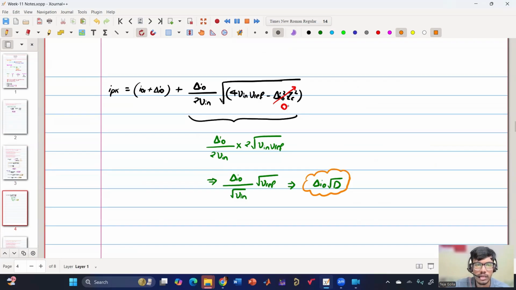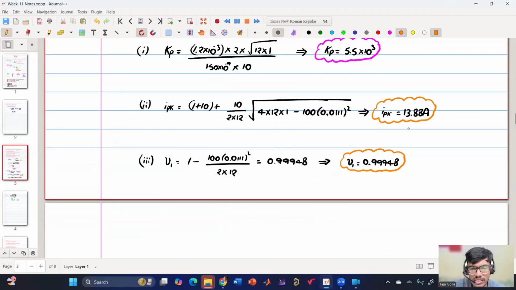But in the exam, with and without this, whatever answer you will be getting, both values will be within the range that we'll consider as a right answer. Say this is coming 13.88. If we neglect this and make it 0, it will be slightly higher. So in the exam, we'll consider the range say 13.5 to 14.5 or 15. So basically with and without approximation, whatever answer you'll be getting, both will be within the range that is considered as a correct answer.